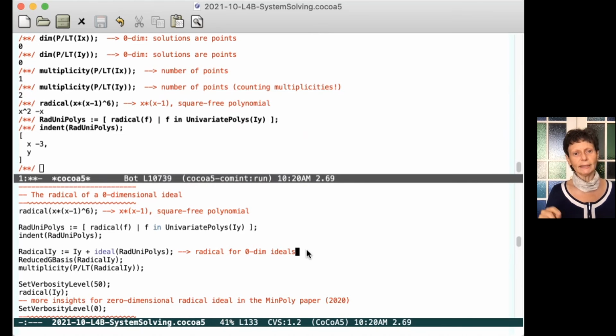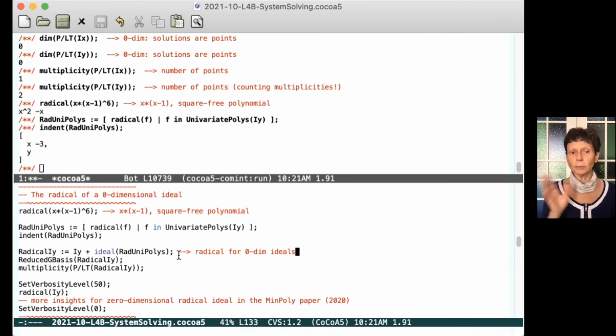In the special case of a 0-dimensional ideal, computing the radical is easy, so to speak. We just need to add to the original ideal all the radicals of the univariate polynomials. So we have already computed the univariate polynomials. We computed the radicals. So this is the list of the radicals of the univariate polynomials.